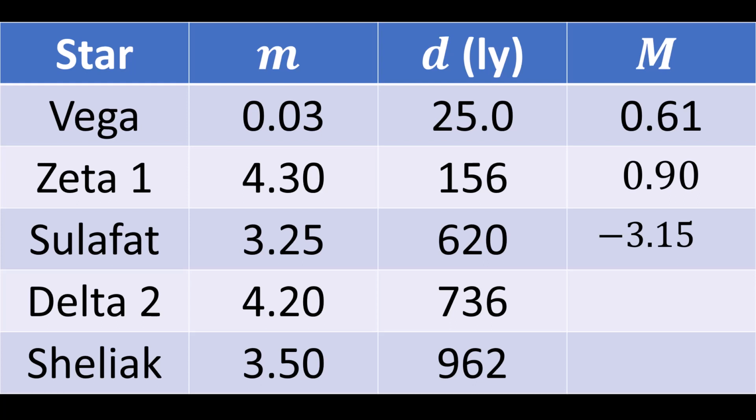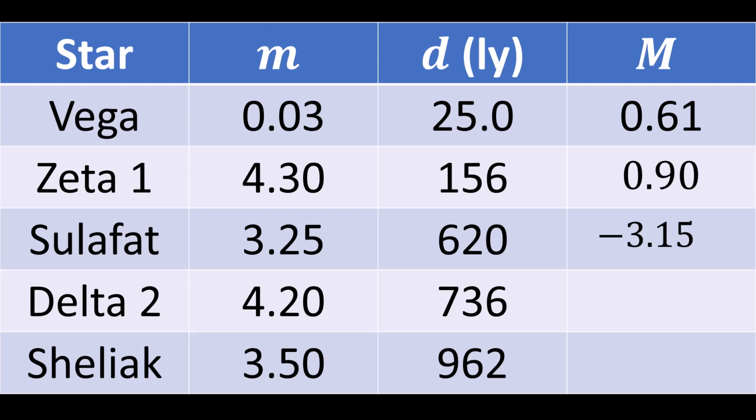We're moving to the left on that number line. That's way brighter. Sirius has a magnitude of minus 1, or yes, minus 1.09. Sulafat is going to be more than 6 times brighter than that. So that's a pretty darn bright star, or would be if it was at 32.6 light years away.